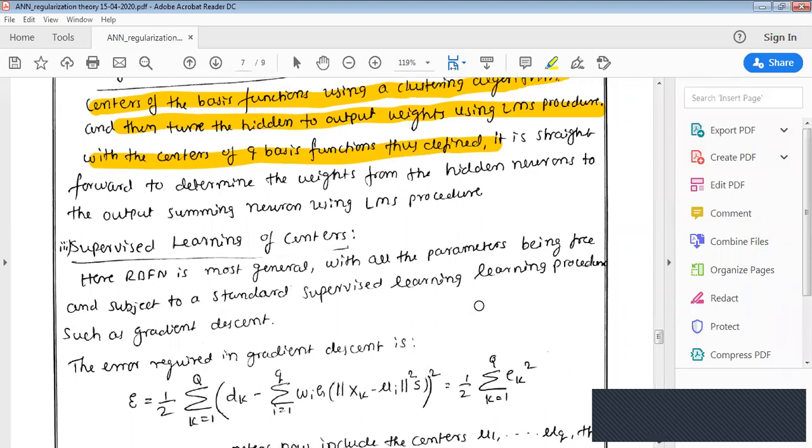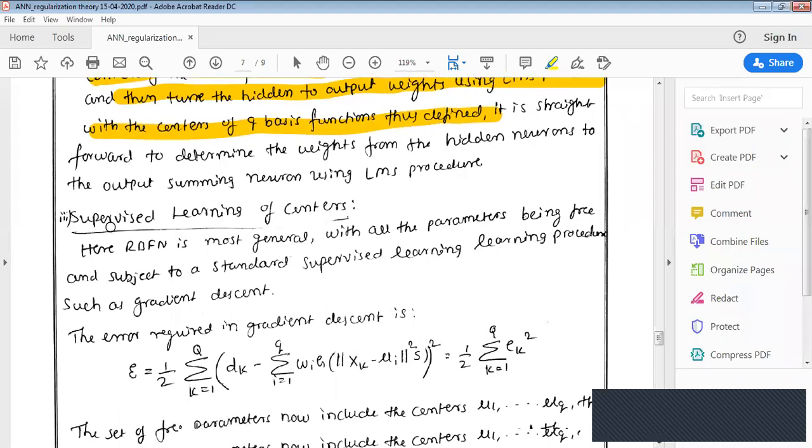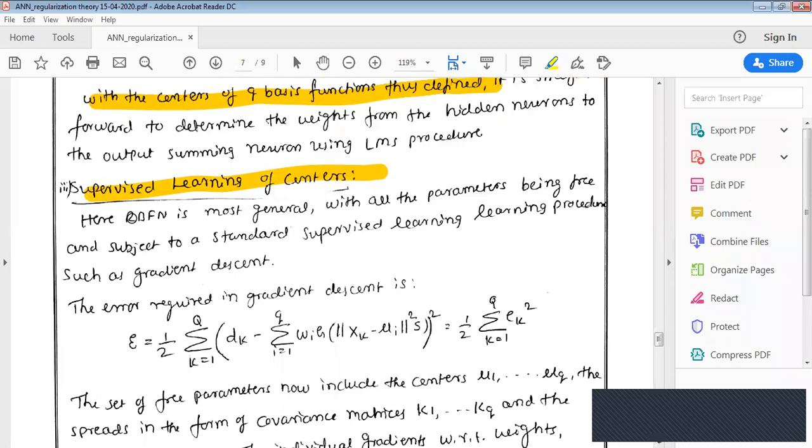This is two way: one is using the LMS procedure, training the input side and also training the output side. And the last one is supervised learning of centers. Now, our RBFN is most general, with all parameters free and subjected to standard supervised learning.